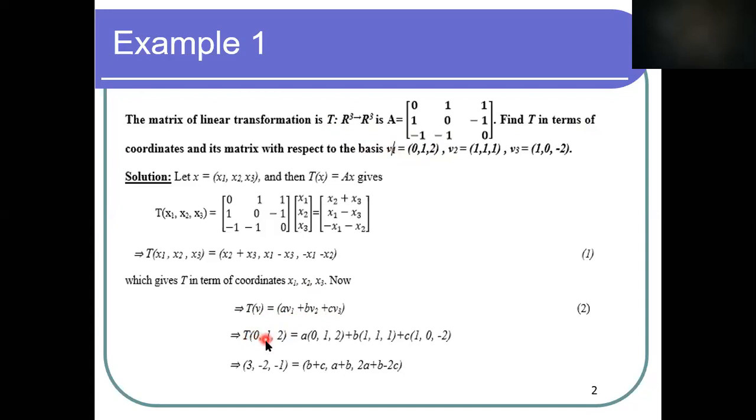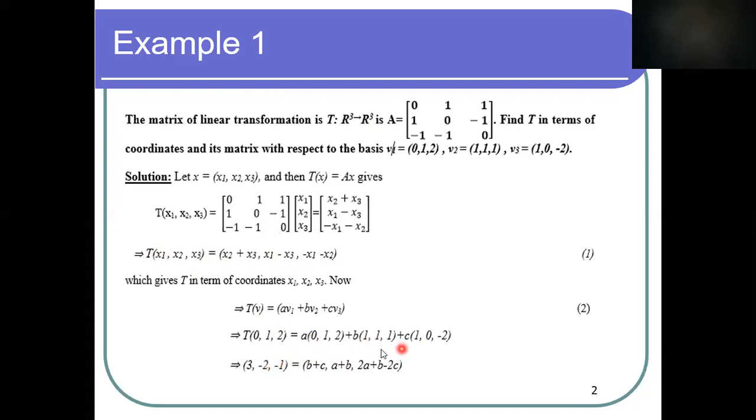So T of (0, 1, 2) is A times V1, that is this one, plus B times V2, plus C times V3. For T of (0, 1, 2), I put 0 at the x1 position, 1 at the x2 position, and 2 at the x3 position, and correspondingly put all these inputs here. So I get (3, -2, -1).